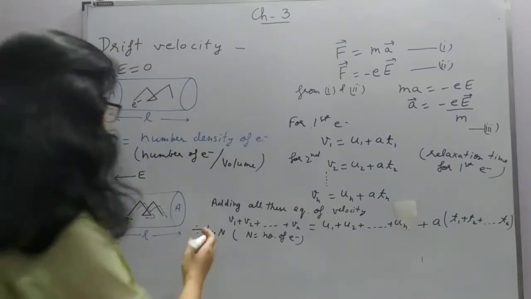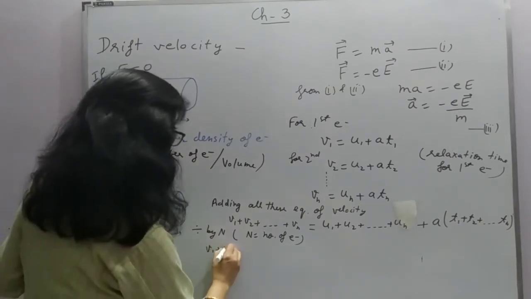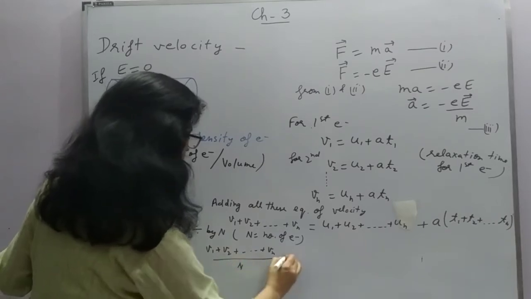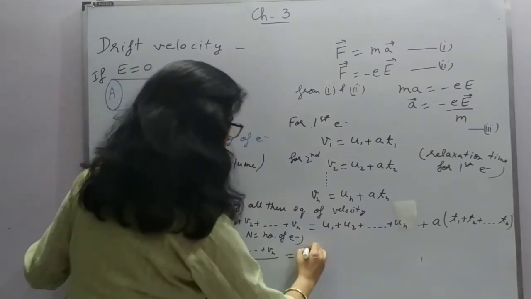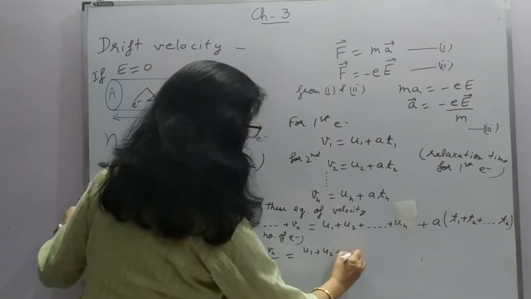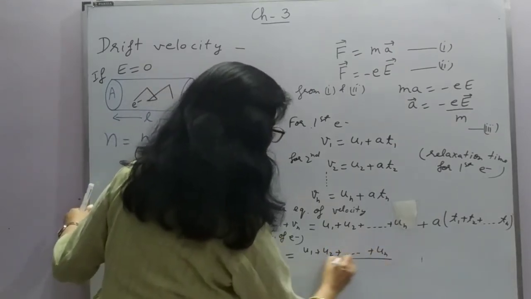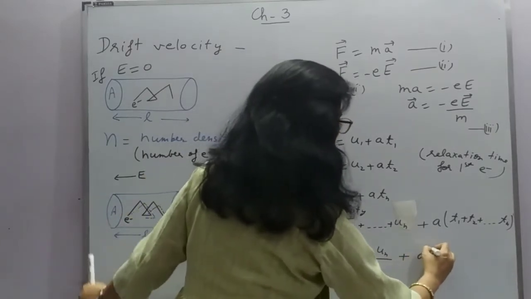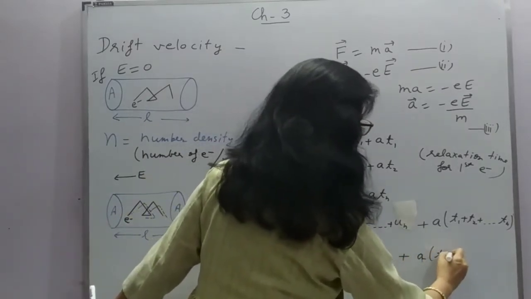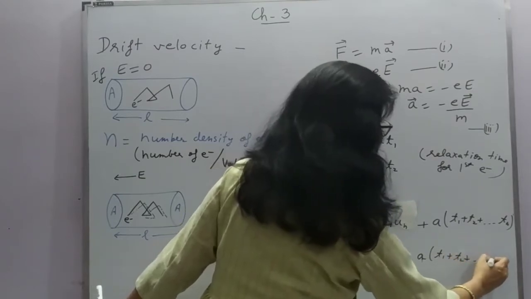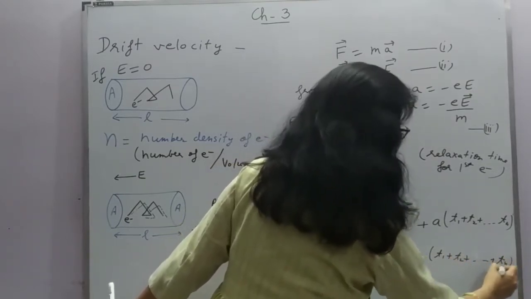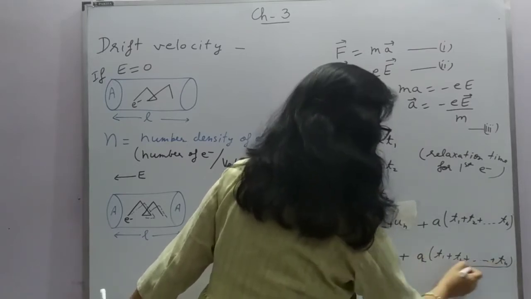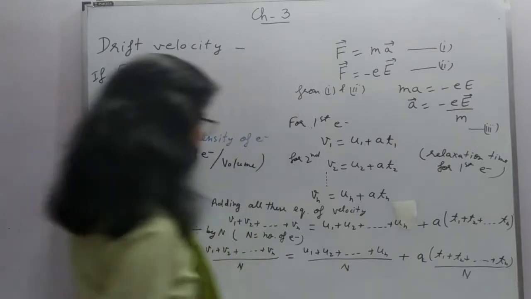I'll get V1 plus V2 plus up to Vn upon N is equal to U1 plus U2 plus up to Un upon capital N, plus A common, and here T1 plus T2 plus up to Tn upon N.